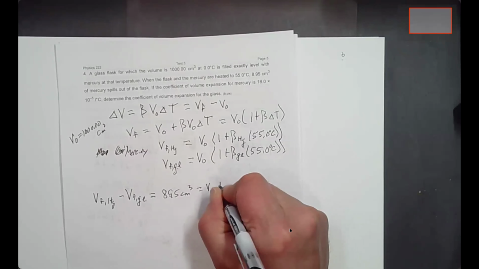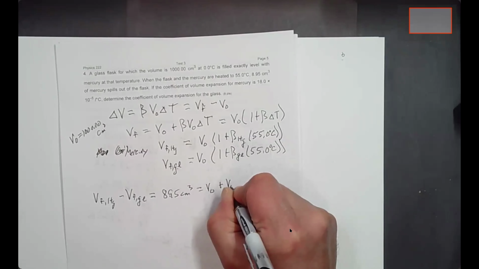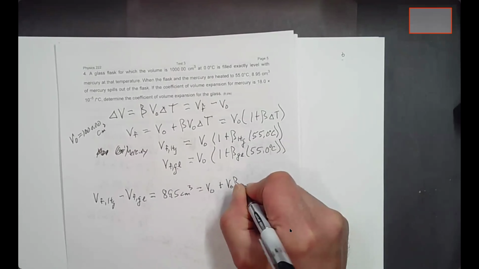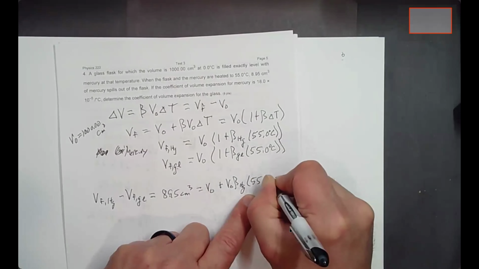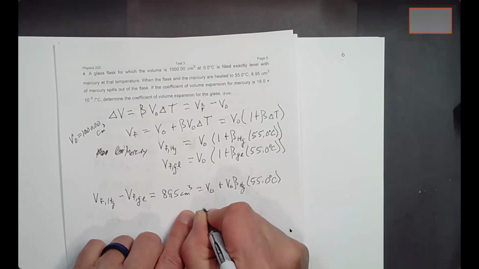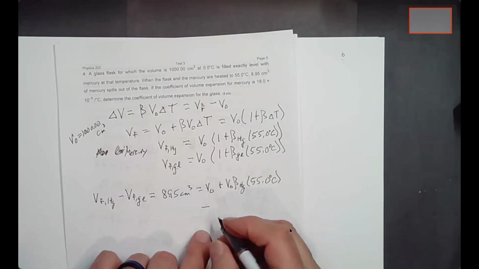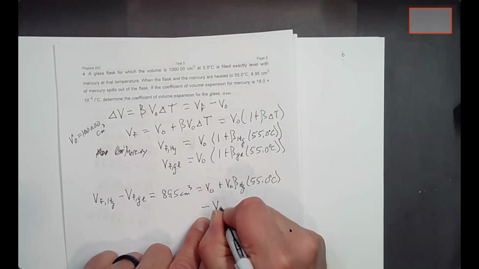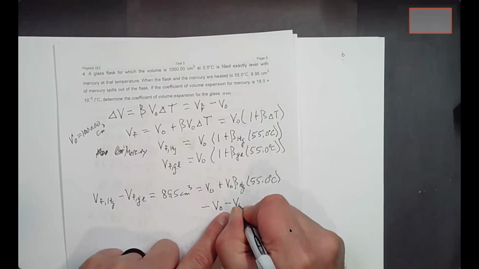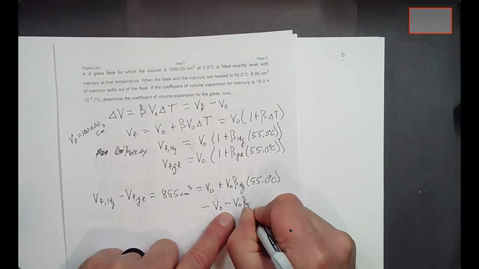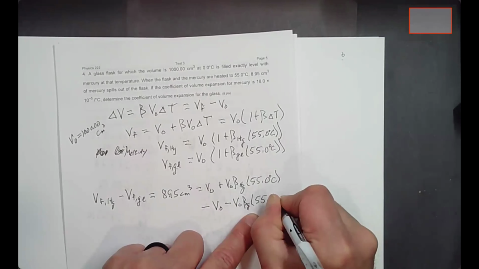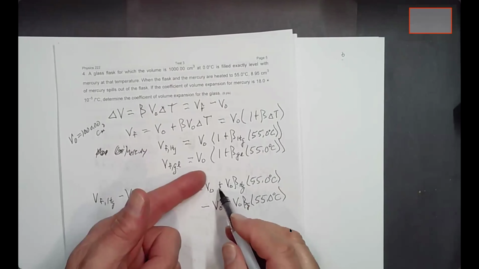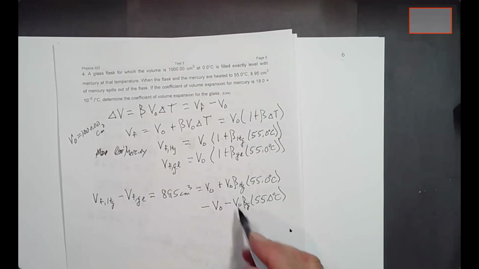I'll have V naught plus V naught beta for the mercury times 55.0 degrees Celsius, minus, I'm subtracting one from the other, V naught minus V naught beta sub glass times 55.0 degrees Celsius. And these V naughts go away, but I still have those V naughts there.